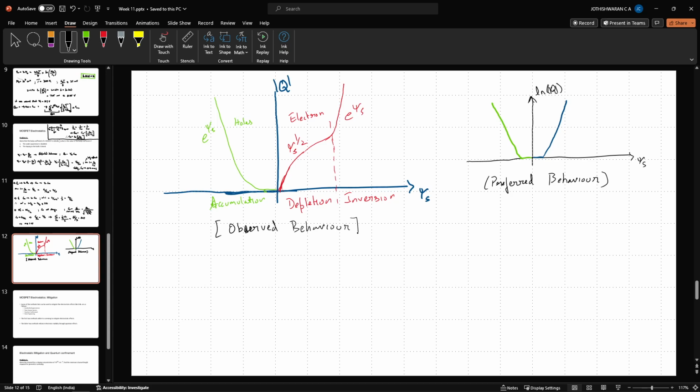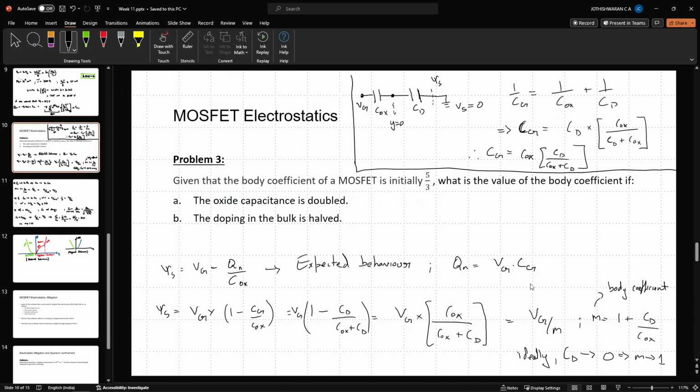Our whole aim can be summed up in this quantity, the body coefficient. If I can bring down the body coefficient to as small as possible, then I can mitigate most of the electrostatic effects. We shall look at what those effects are in another way in a moment.